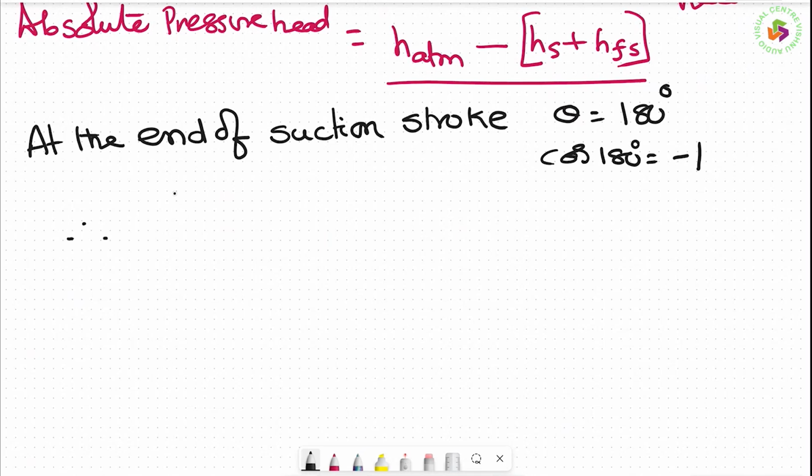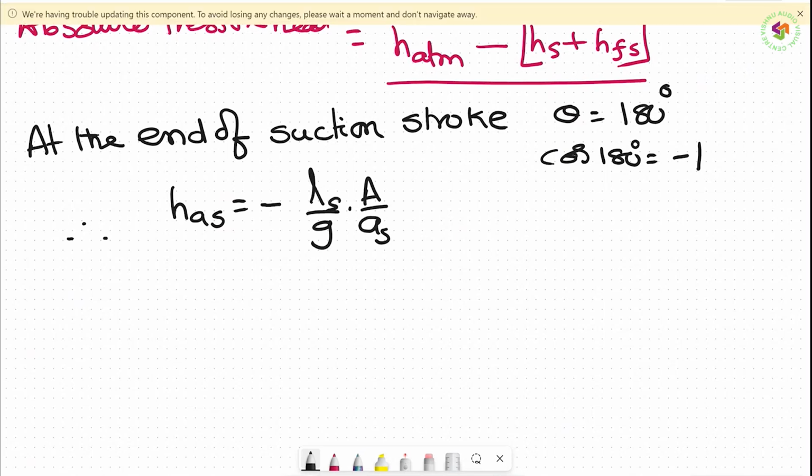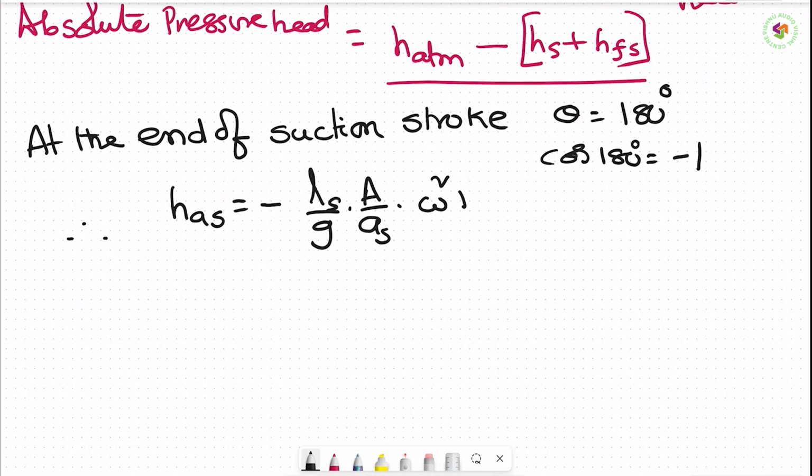Therefore, HAS is equal to minus LS by G, A by AS, omega square R. HFS is equal to 0.